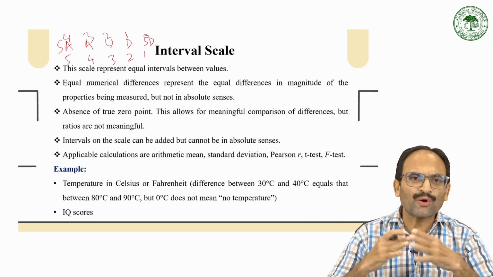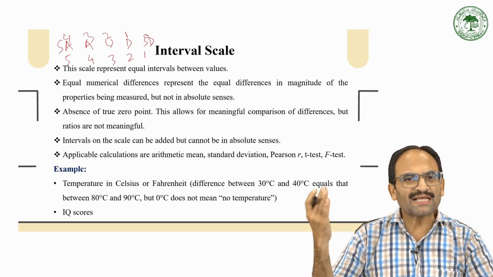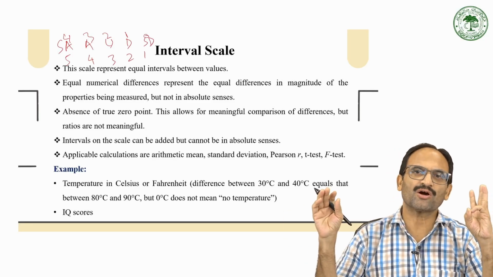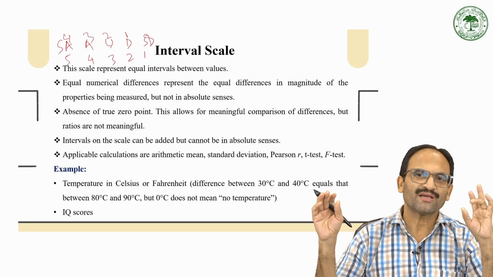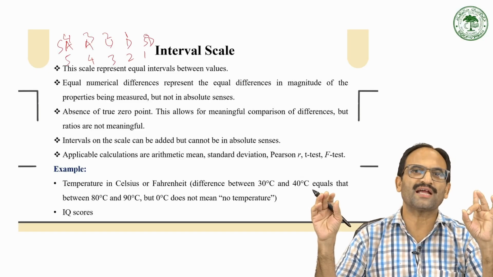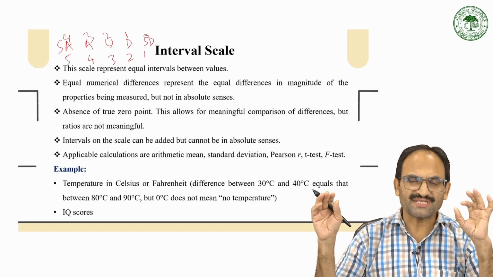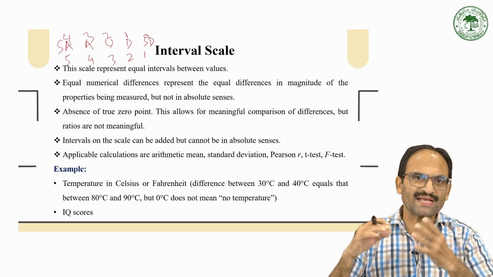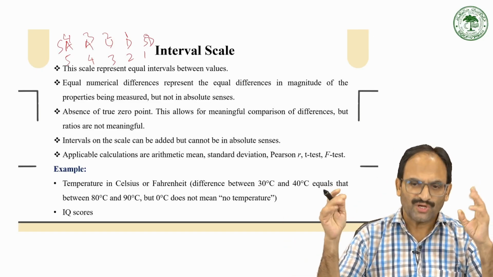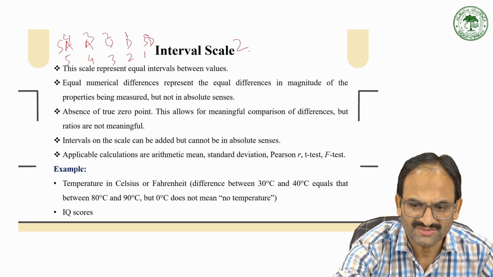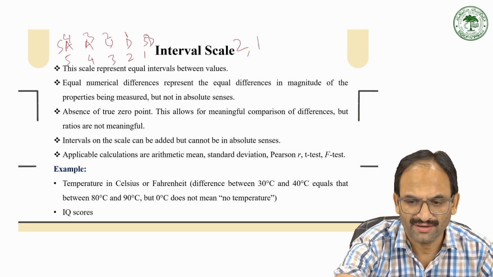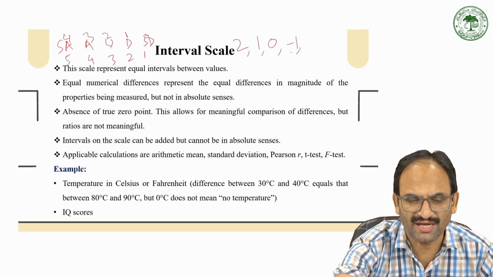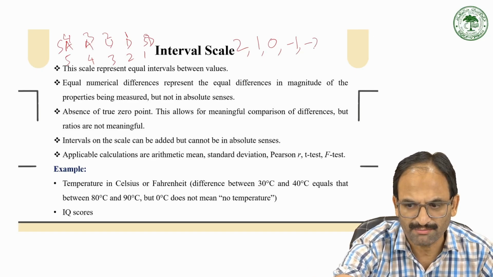Even I may go to some other marking scheme as well. For example, I am saying strongly agree 3, agree 2, undecided 1, disagree 0, and strongly disagree -1. Or I can say strongly agree 2, agree 1, undecided 0, disagree -1, and strongly disagree -2.